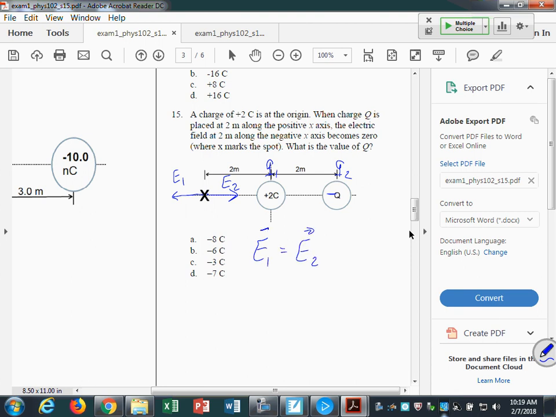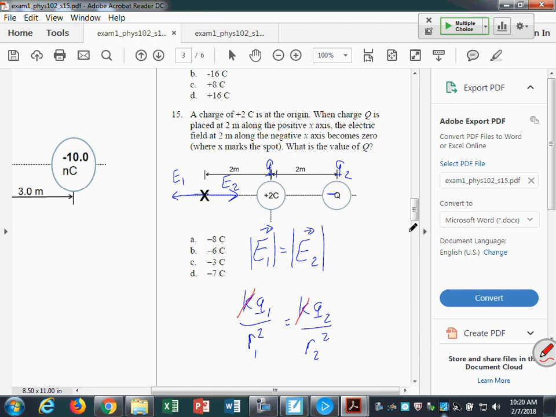That is, the magnitude of E1 has to equal the magnitude of E2. And so I would say kQ1 over R1 squared is equal to kQ2 over R2 squared. We haven't worked a problem like this, but you should be able to work a problem like this. The k's cancel. Now put in my values.